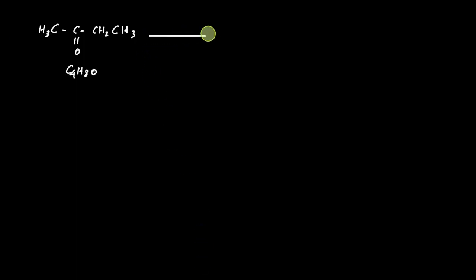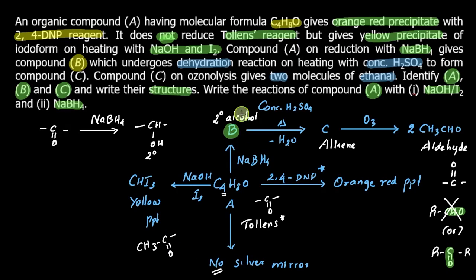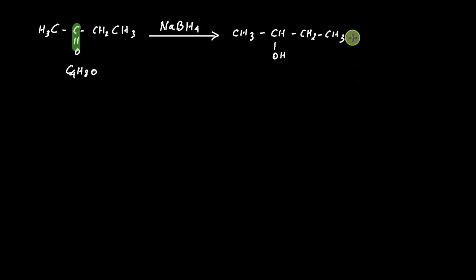Now this A, when it is treated with NaBH4, we are getting B. What you have to do is convert the C double bond O into CHOH. CH3 here, converting C double bond O into CHOH, and CH2, CH3. Then this compound B is undergoing dehydration when it is treated with concentrated sulfuric acid. So I am going to write here concentrated H2SO4.